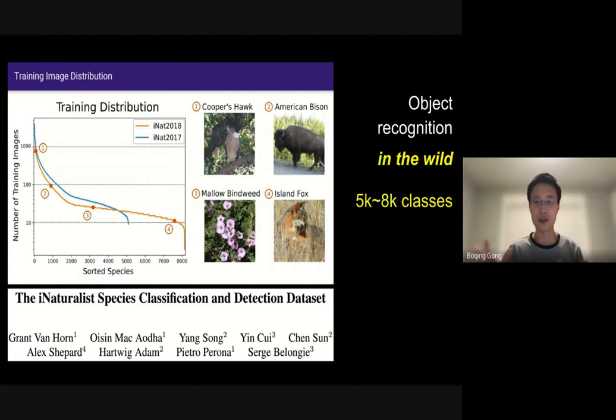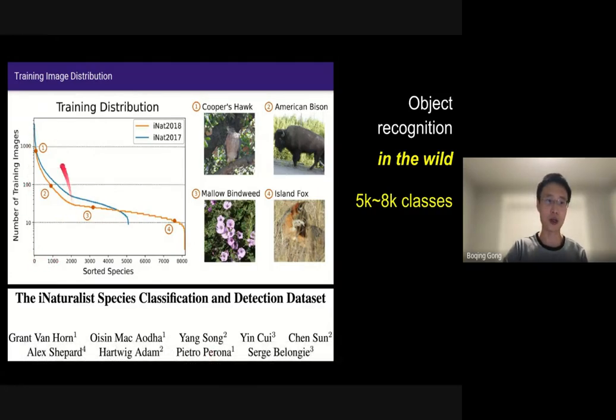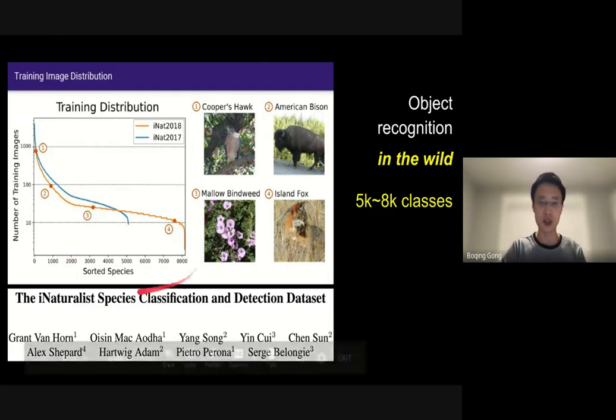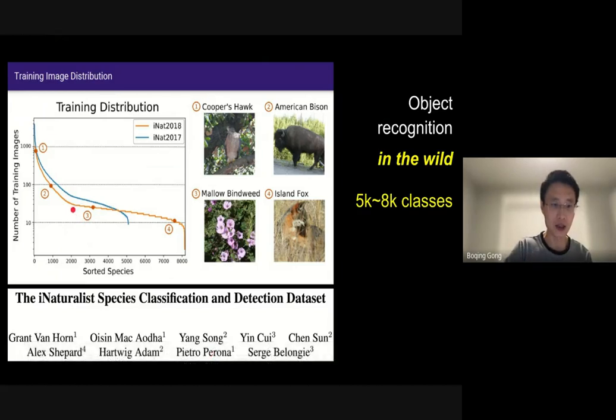Unfortunately, the classes are highly unbalanced, or to be more precise, they follow a long-tailed distribution. You can see a small number of classes have a lot of training examples, but for a majority of the classes, we have only like 30 or 20 training images for each class. Which dataset do you prefer?